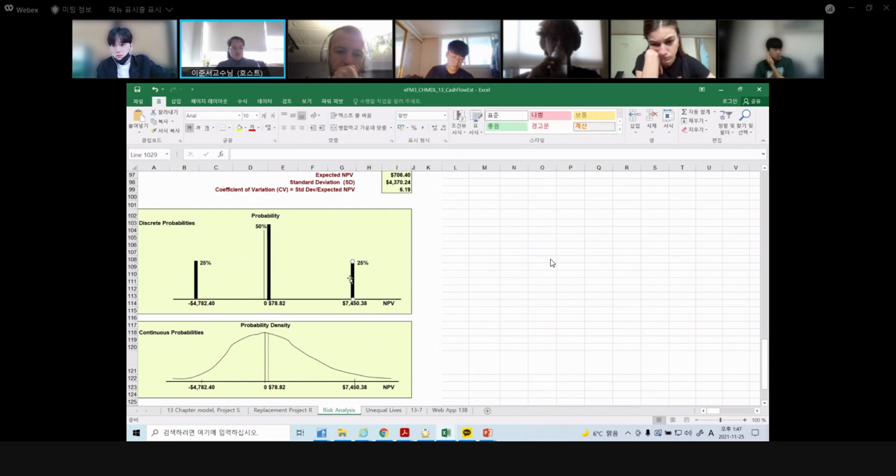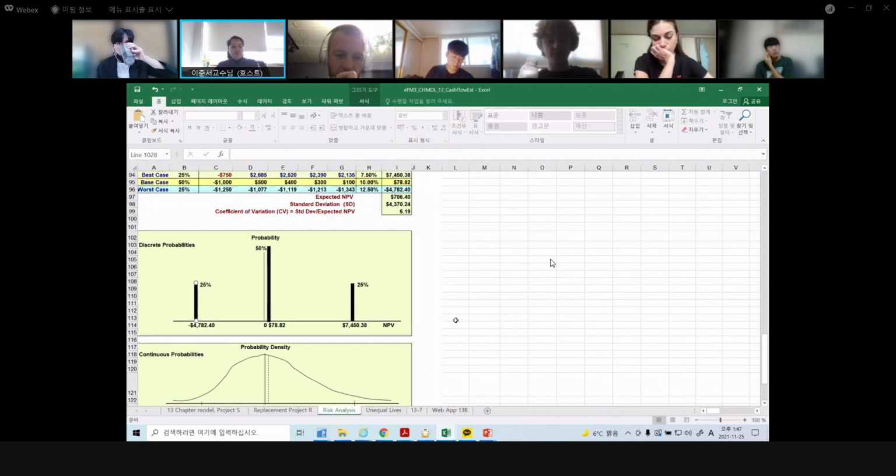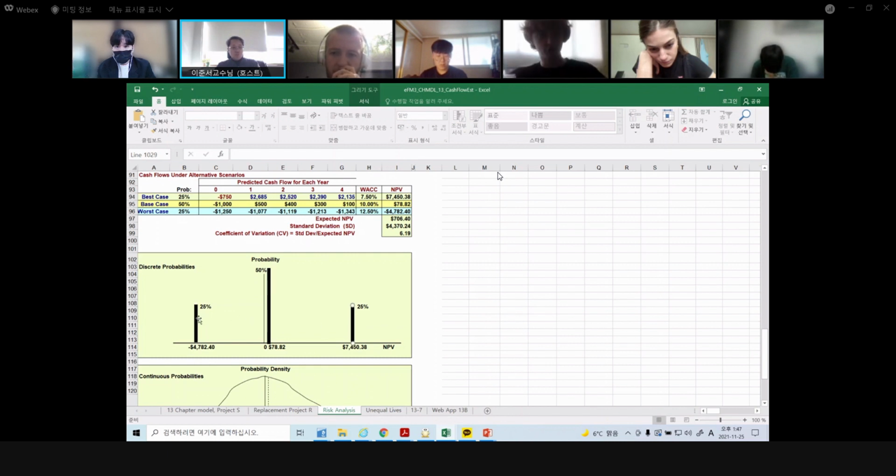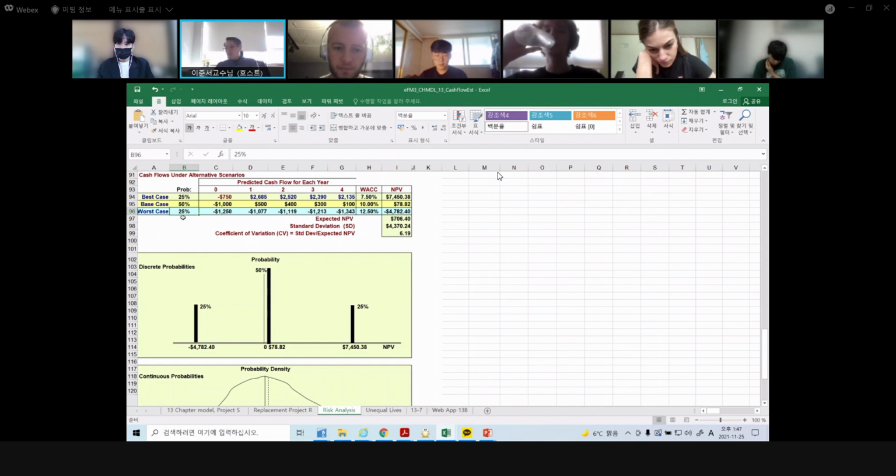So this is best case, base case, worst case. It depends on your judgment. Definitely the probability that the base case scenario is realized is the highest, 50%, and we can allocate 25% to the best case and worst case each. So 25%, 50%, 25%.